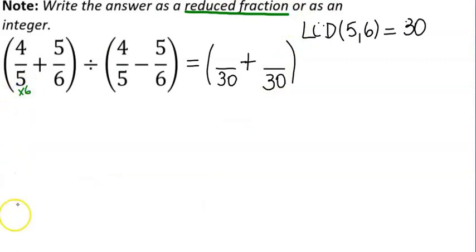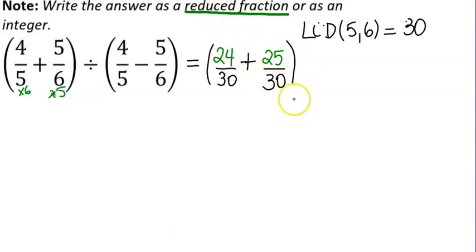Multiplying by 6. And 6 turns into 30 by multiplying by 5. So you indicate this here. And now you work your numerator. My numerator will be what? Here, 24, right? Because 6 times 4 is 24. Now 5 times 5, 25.